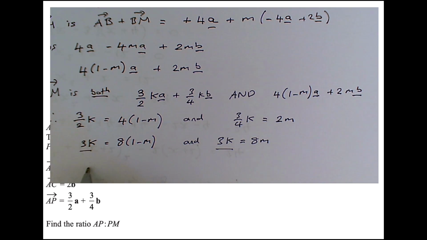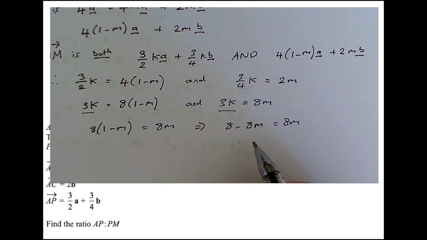So we should be able to solve for m. And that's going to give me what? 8 is equal to 16m. Okay, I'm writing out in full, that's good. So 8 is equal to 16m, and therefore m is equal to a half.